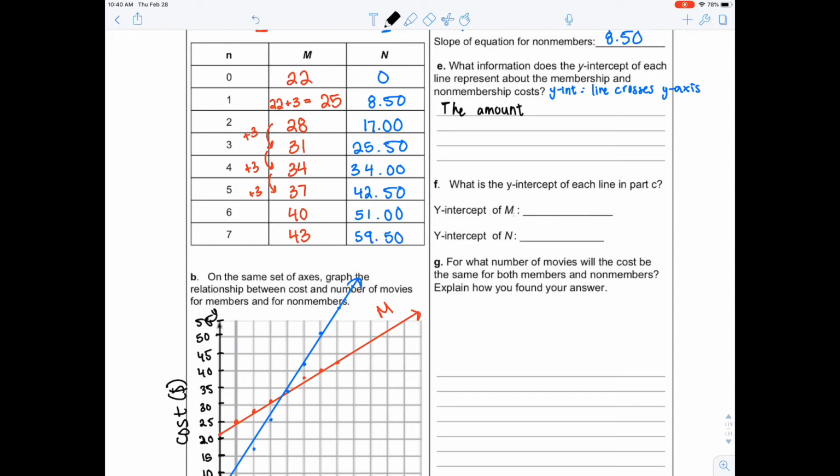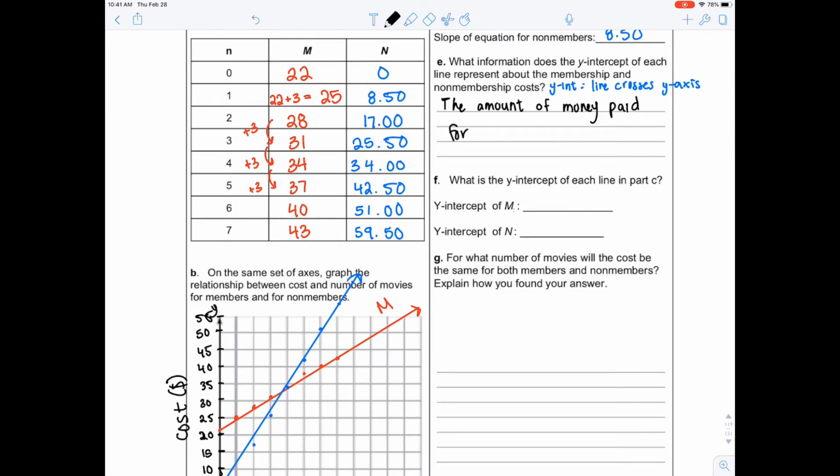So the y-intercept represents the amount of money paid for how many movies? Well, for 0 movies. And that's what that information represents. Okay? So we need to put in words and we need to put meaning to these numbers. So the amount of money paid for 0 movies.